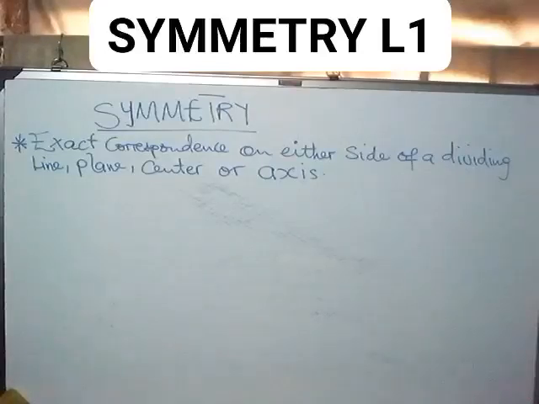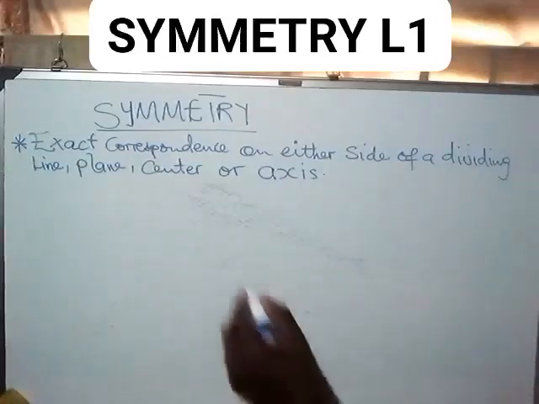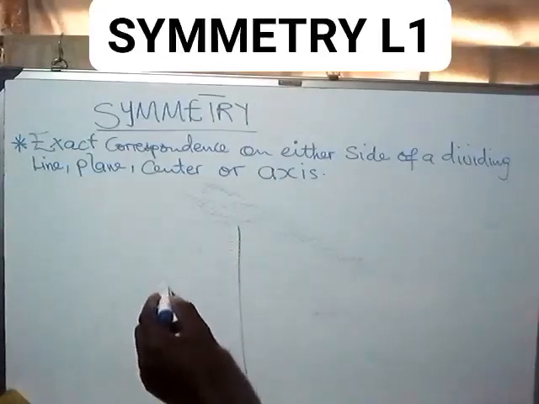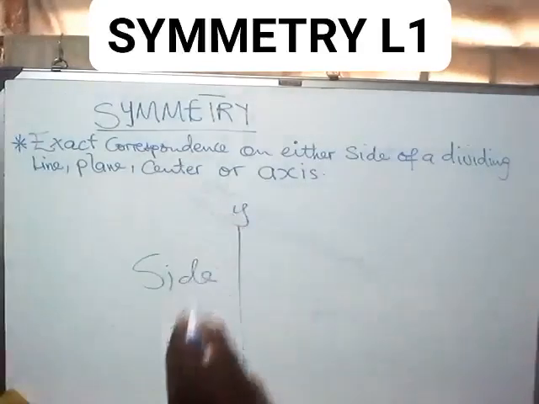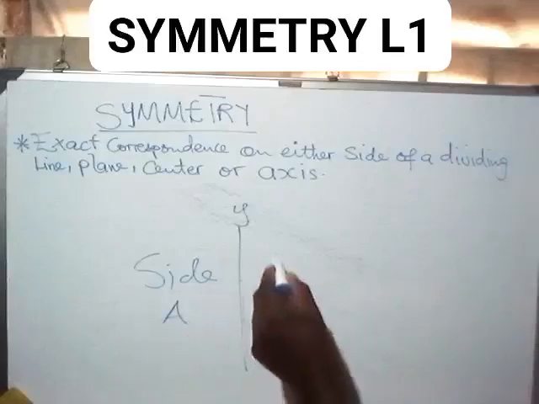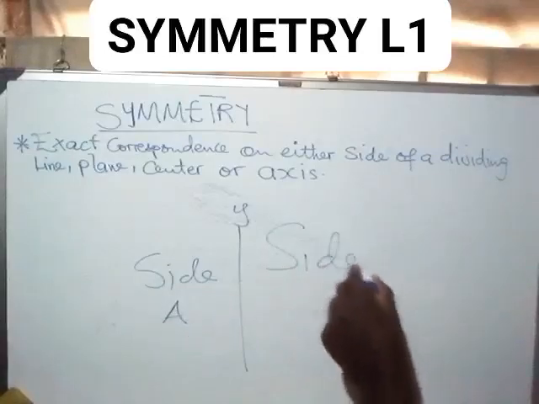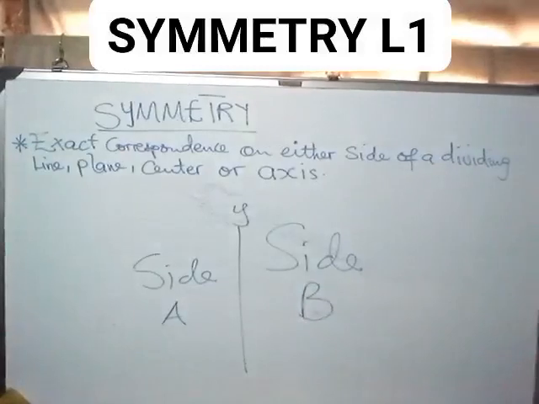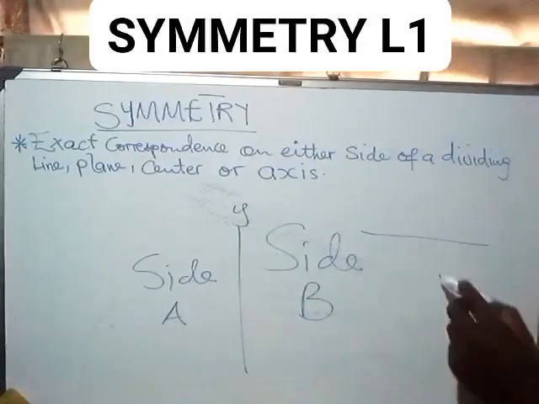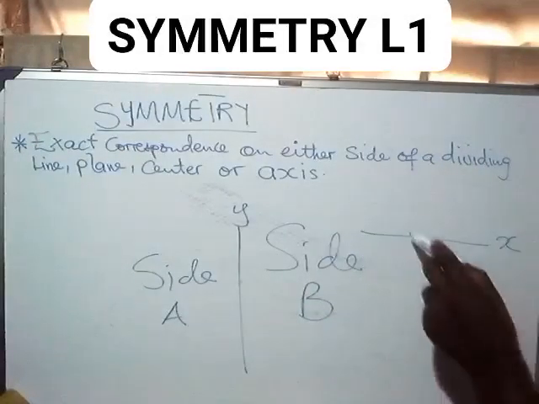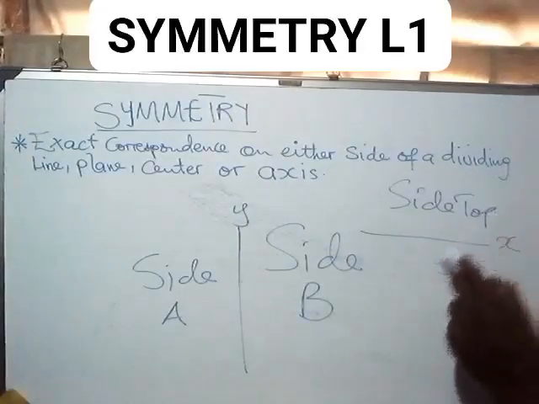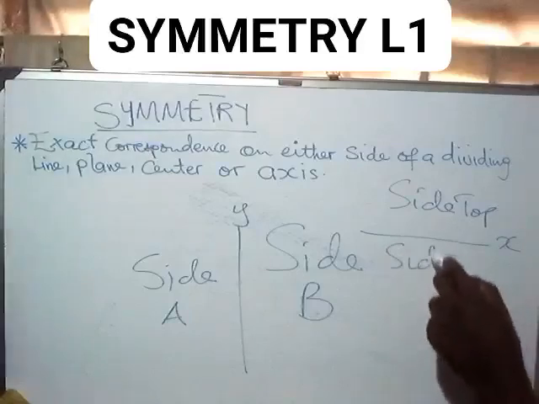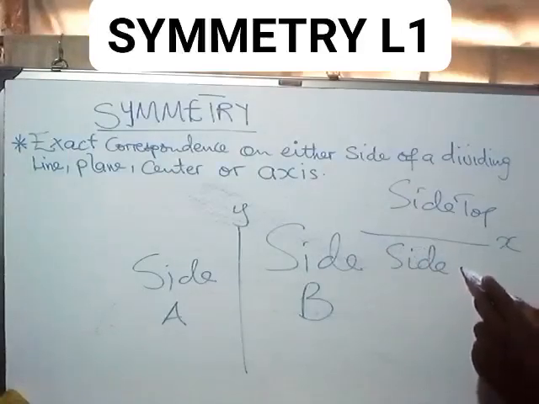If the line is the y-axis, meaning the y-axis is dividing two sides, there's this side here, which I will name side A, which is the same as the other side, which is side B. If the line is the x-axis, the side on top must be the same as the side at the bottom.